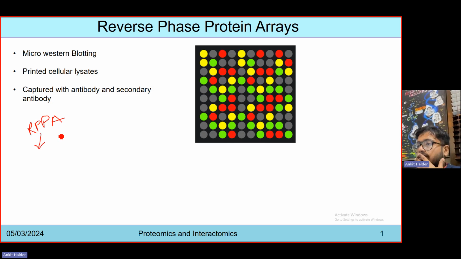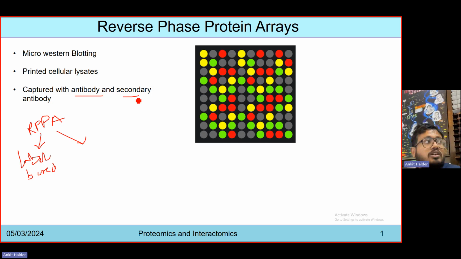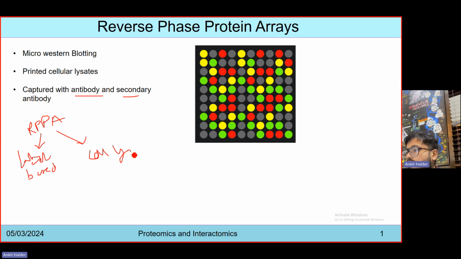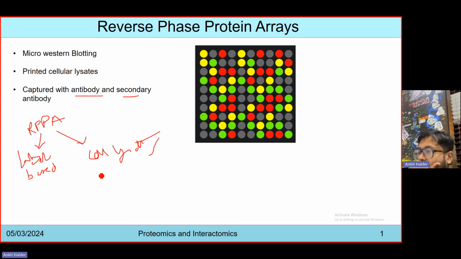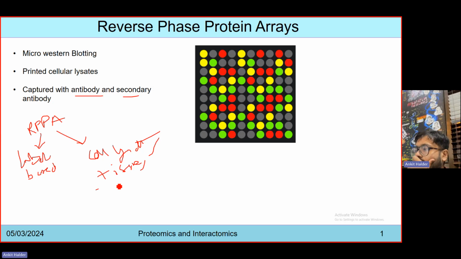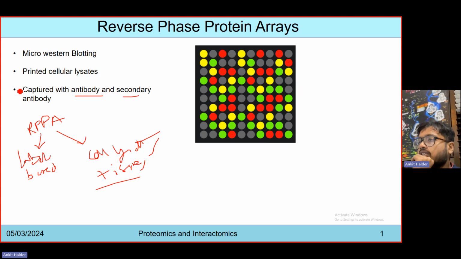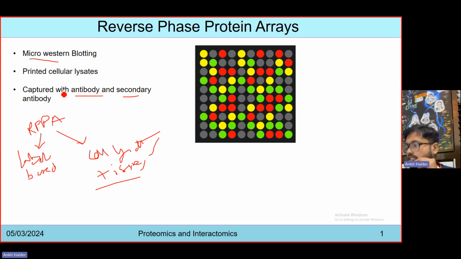One is that it is label based, because it is captured with the antibody and secondary antibody which are conjugated with the label. Second, the cellular or tissue lysates, in the same way as for Western blot or serum, can be printed and taken. So this is known as micro Western blotting.